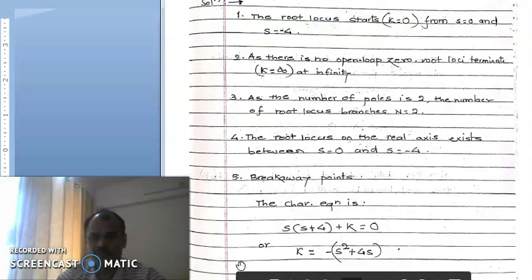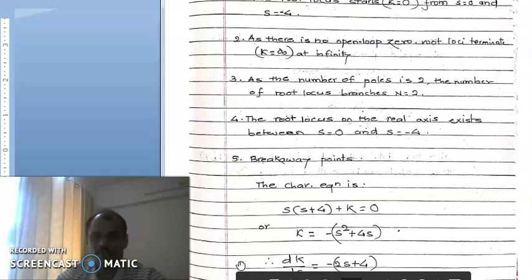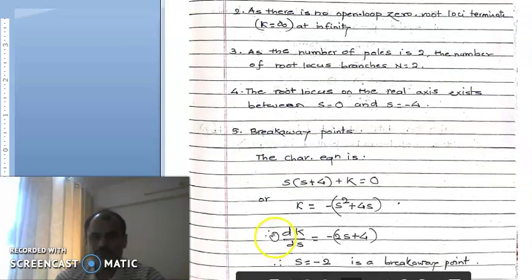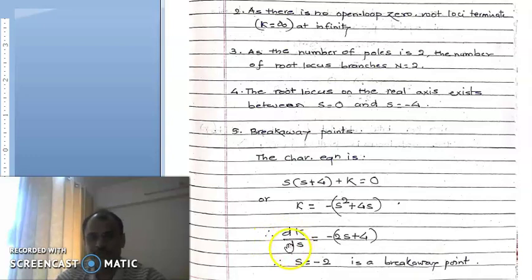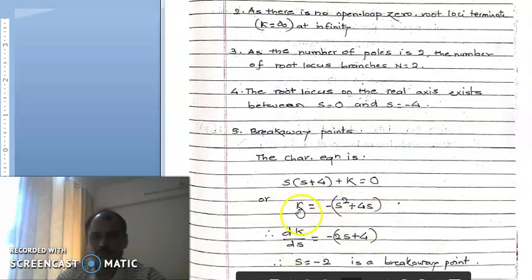So step number 5 is the breakaway point, and for the breakaway point we have to find the expression dk by ds. See, the k expression from the characteristic equation is k = -s² - 4s.